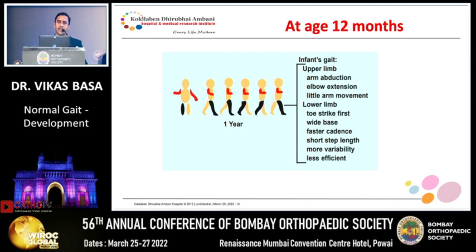They have very little or no arm swaying movements in coordination with the lower limbs. And unlike adults, they do not have a heel strike. They keep the foot flat on the ground, and they take faster and shorter steps. Both the hips are widely abducted, so that's the reason they have a wide base gait for maintaining balance.